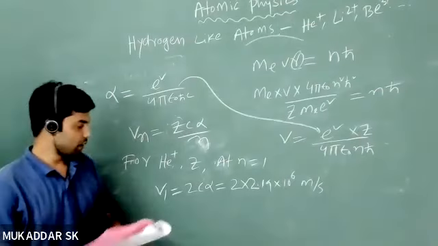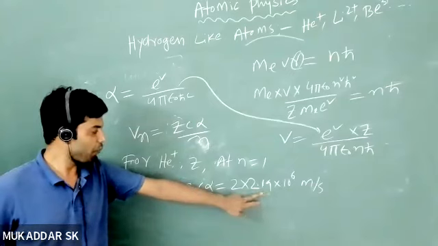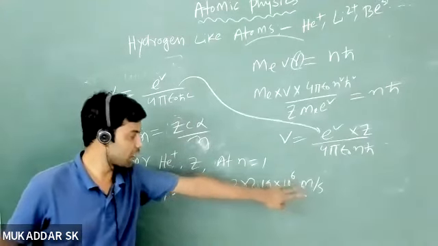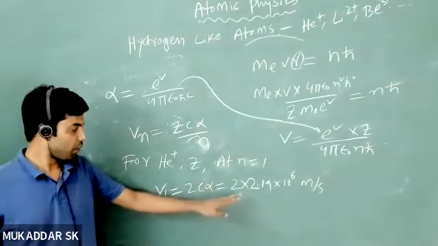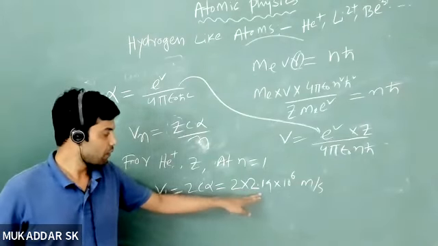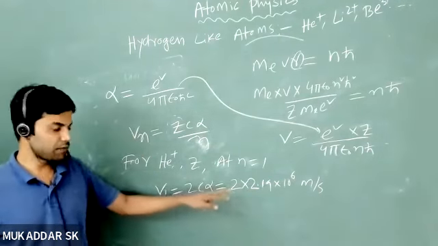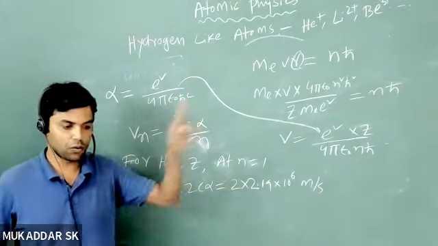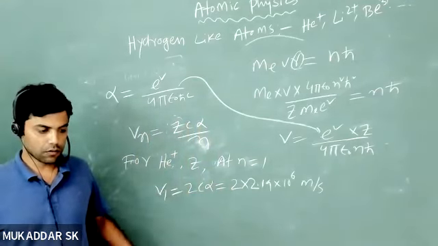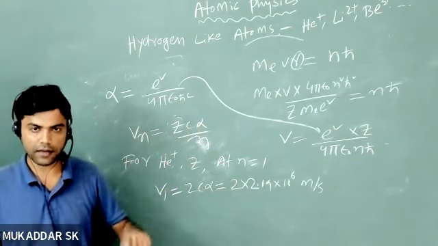So for hydrogen, how much was the speed in ground state? Simply 2.19 into 10 to the power 6 meter per second. But for helium, how much is it now? 2 into 2.19 into 10 to the power 6 meter per second. So the speed is increased by twice, right? So for lithium, how much will it be? Instead of 2, just how much will it be? It will be 3, right?